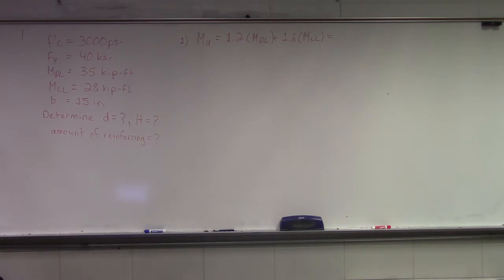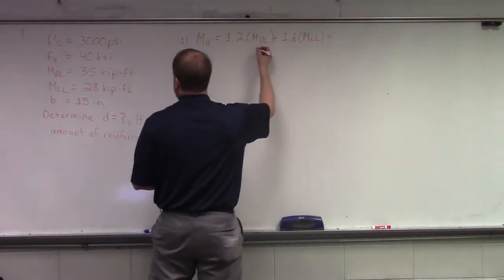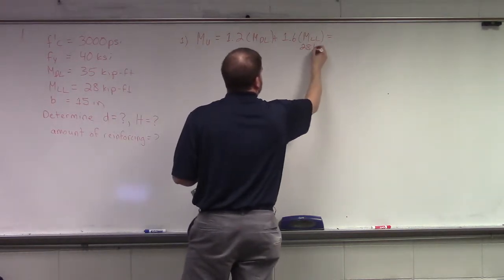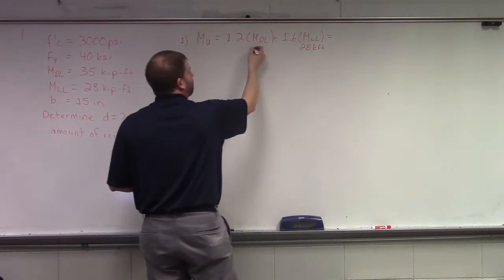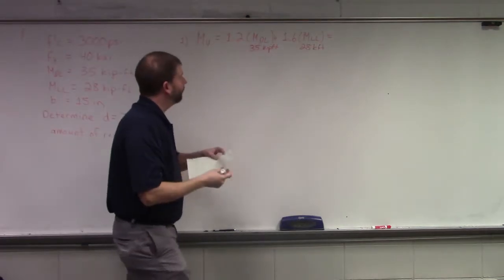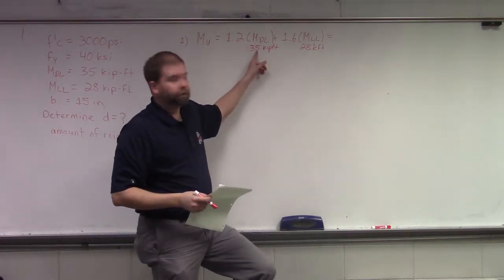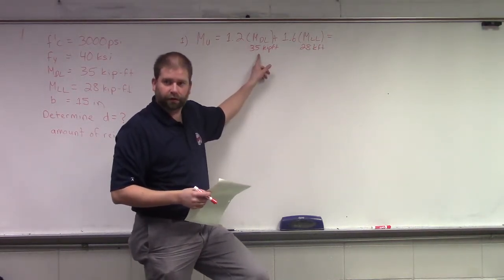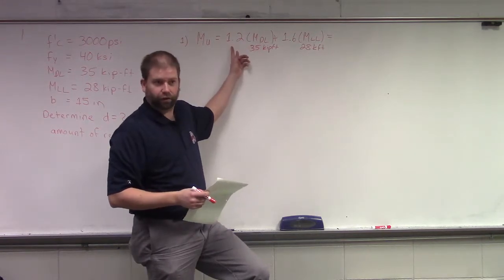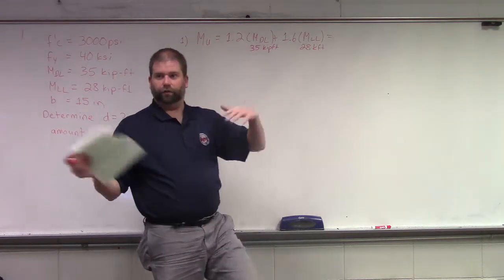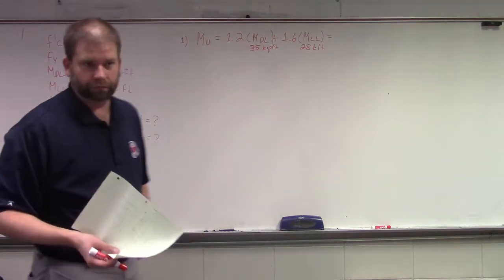Whatever the M sub DL is, you just multiply by 1.2. If we put in 35 kip feet or 35,000 pound feet, it's still going to increase it by 20%, and that 20% increase will be the same regardless of what units you look at.